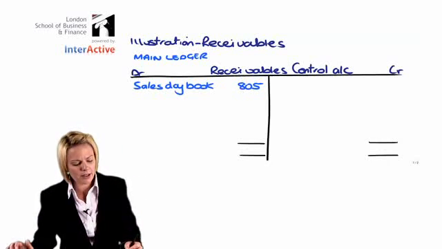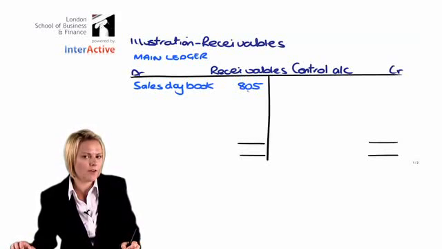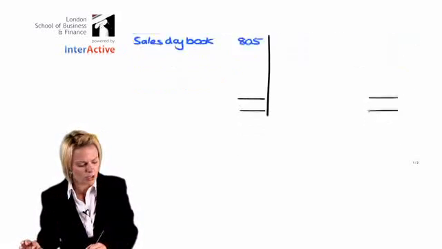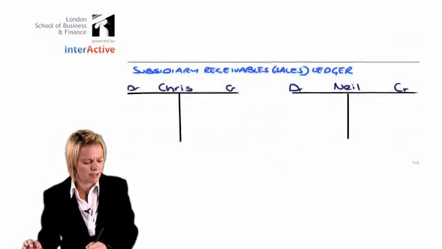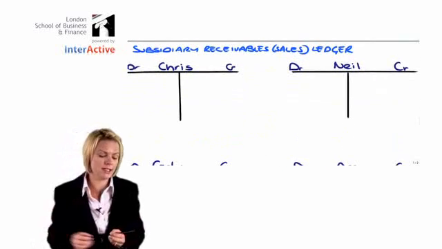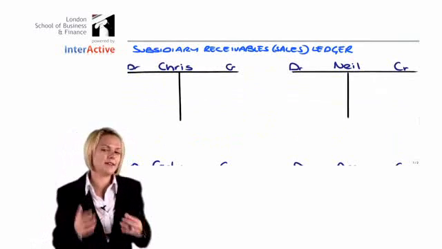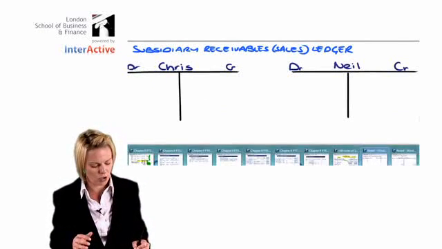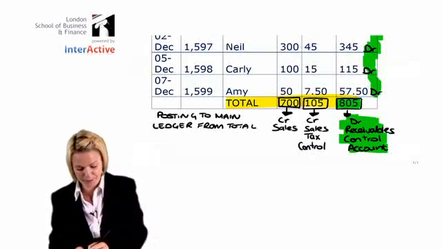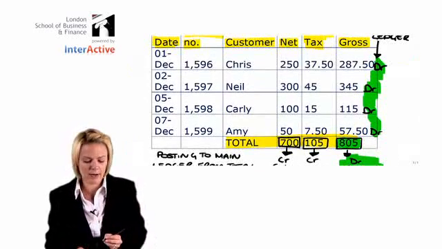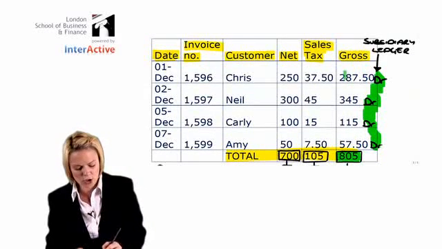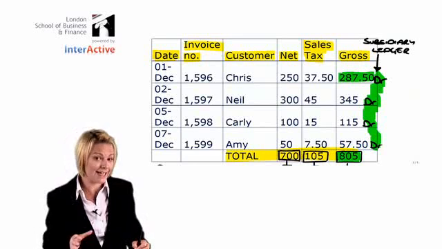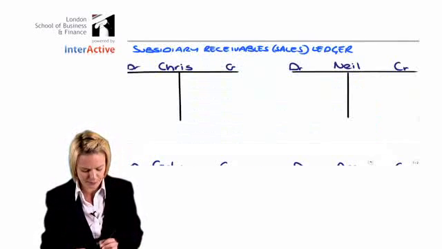We then need to say who owes us that $805. Well, 4 customers do. So, in the subsidiary receivables ledger, sometimes known as sales ledger, we're going to break down that 805 debit into those 4 individual customer accounts. So can you see here, we're going to debit $287.50 to customer Chris's account in his individual ledger.